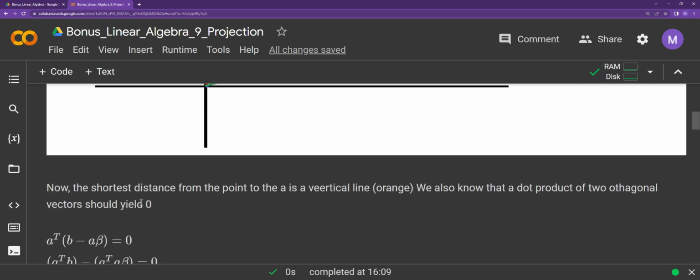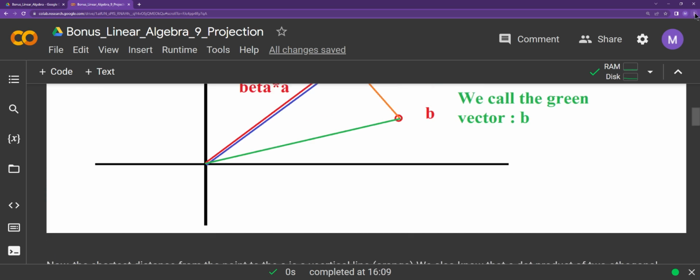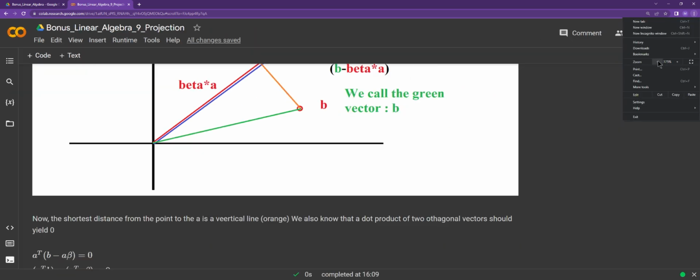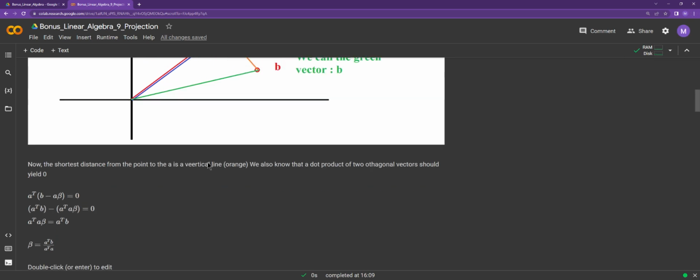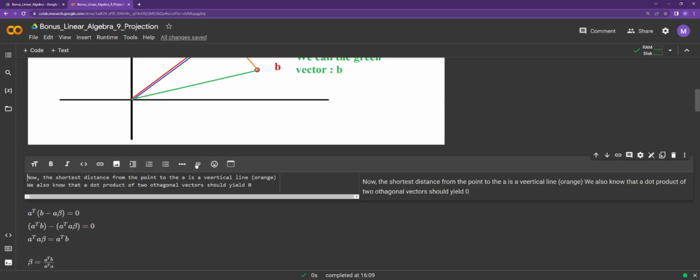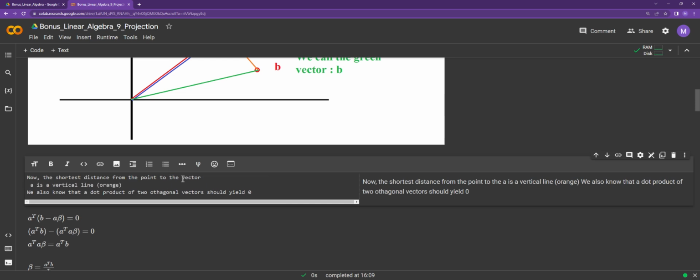So now let's look at it from a linear algebra point of view, that was the geometrical representation of it, yeah? So now if we look at this formula here, the shortest distance from the point to the vector A is a vertical line.